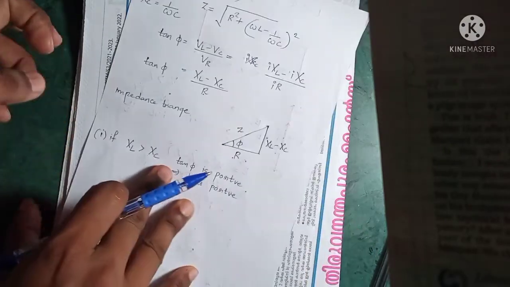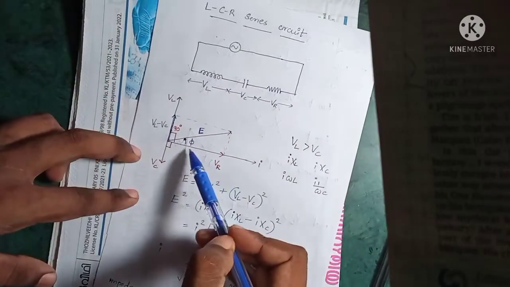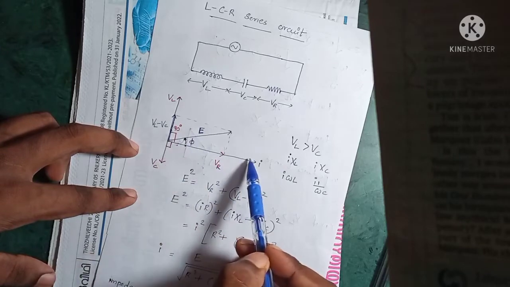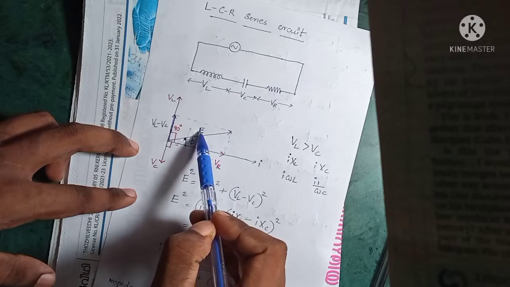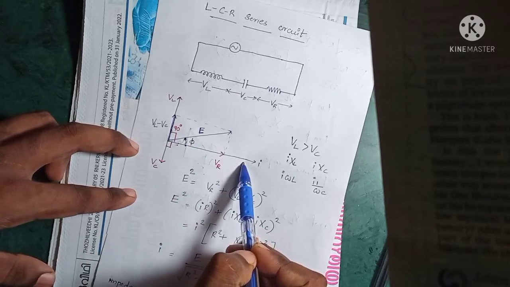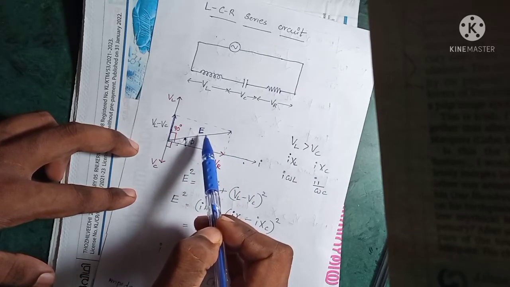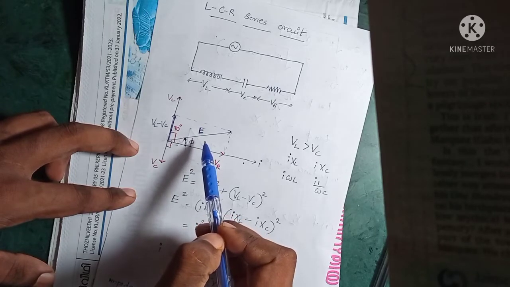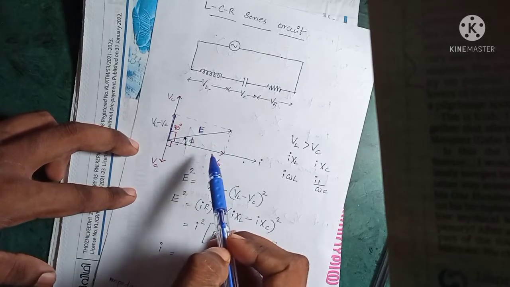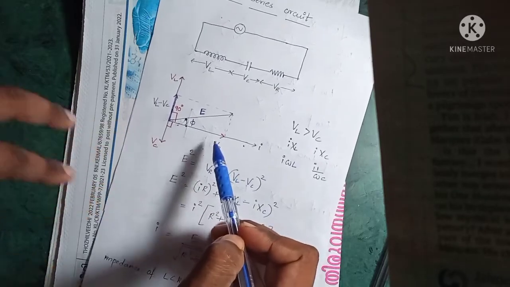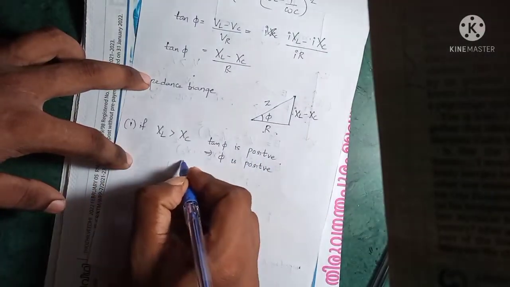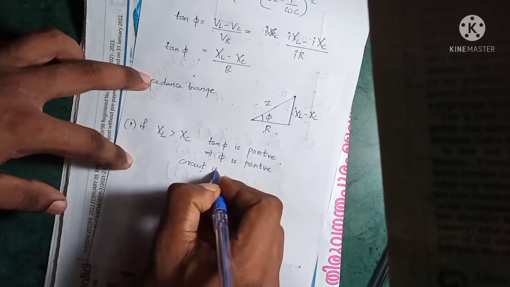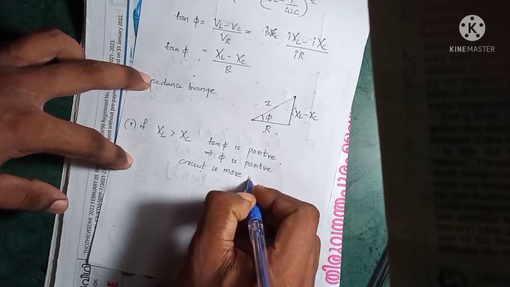With this being the reference line and phi being positive, the EMF E leads the current, which is an inductive property, and the circuit is more inductive than being resistive or capacitive.